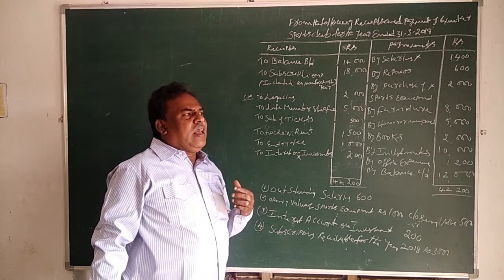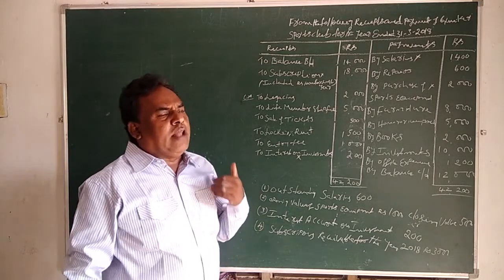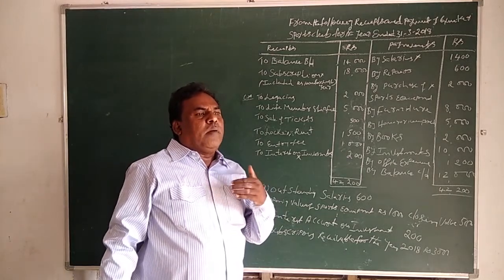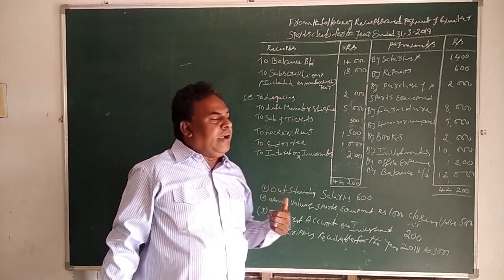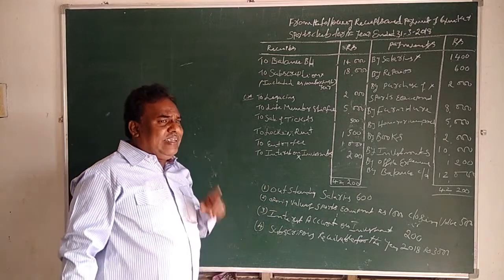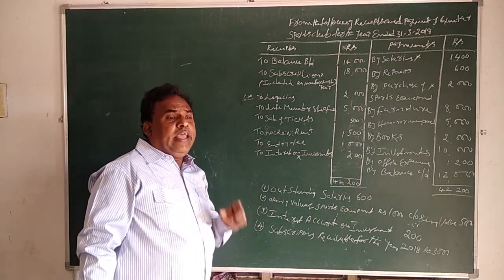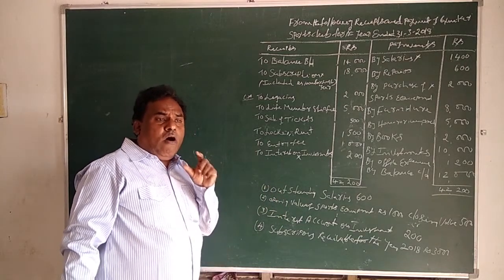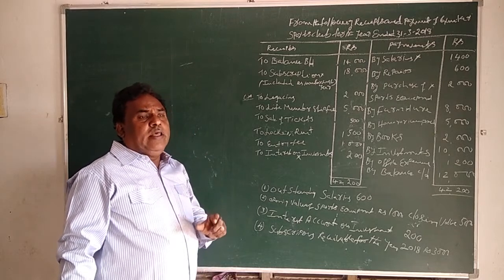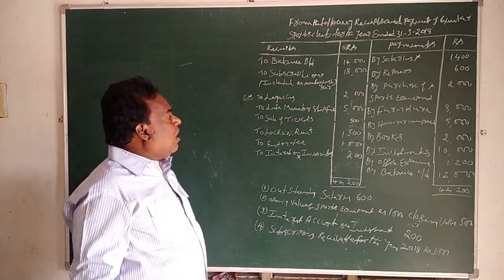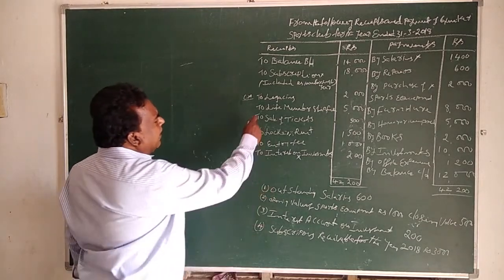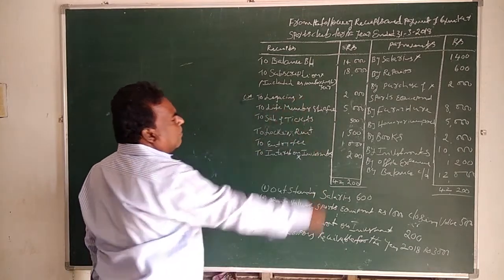Legacy is an amount received by a non-profit organization from a deceased person according to his will or agreement. So legacy is not revenue income. It is a capital income. So all legacies must be recorded in the balance sheet of the non-profit organization, not in the income and expenditure account. Next one, life membership.